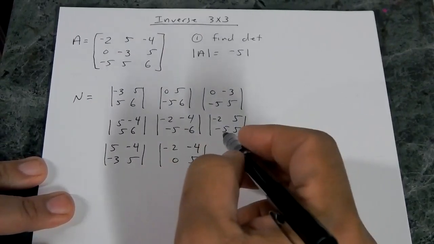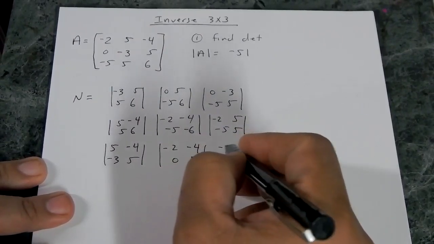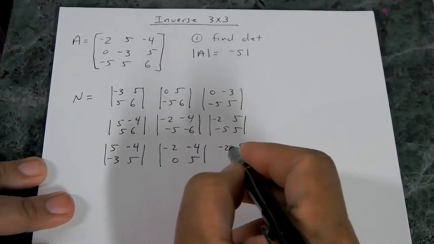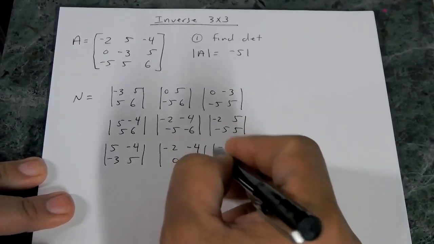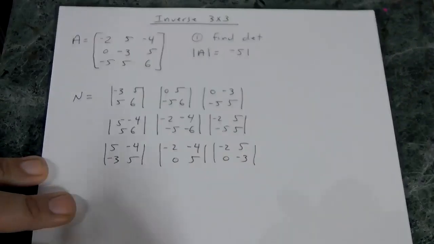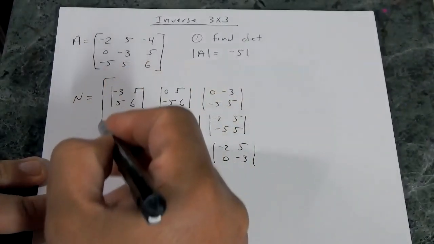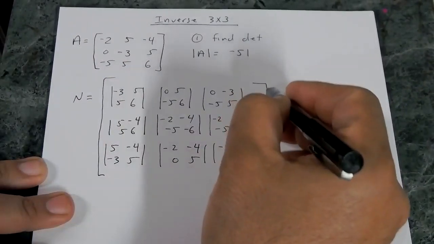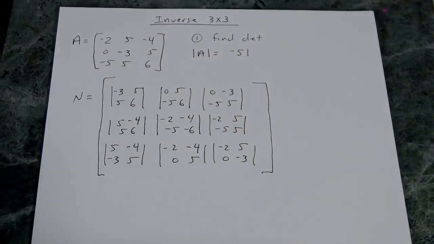And the last one, excuse me, -2 and 5, 0 and -3. So this is your matrix, which is not the inverse yet, but it's this big matrix.